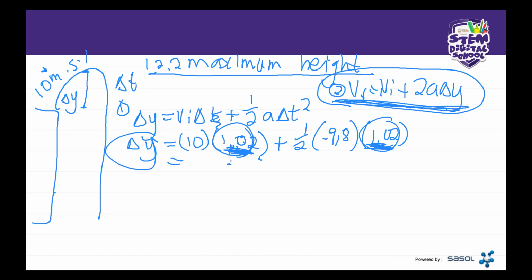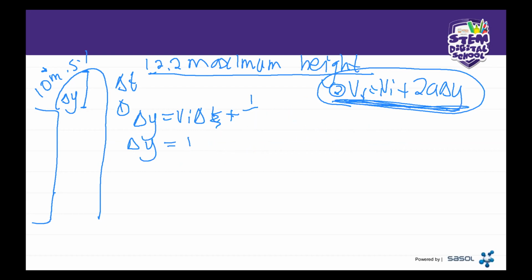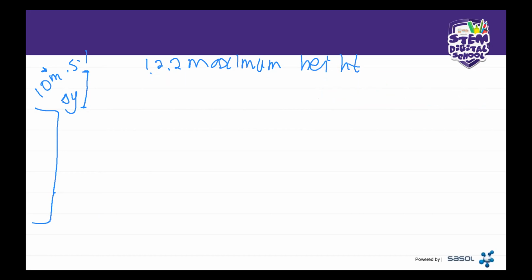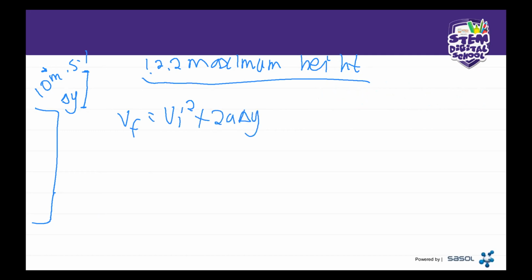Okay, so now let's go back and use formula number 2, which is actually formula number 1. Okay, so we're going to be using Vf squared equals Vi squared plus 2a change in y.